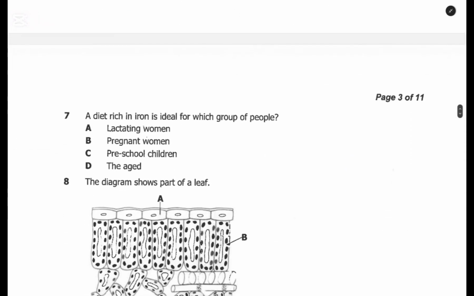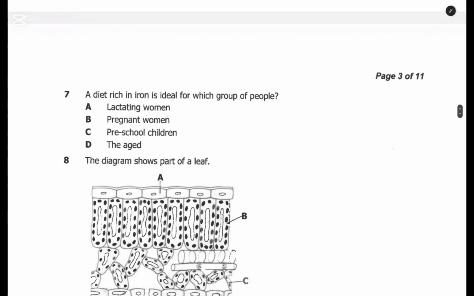Okay, question 7. A diet rich in iron is ideal for which group of people? Lactating women, so those that are breastfeeding. Is it true? No. Pregnant women. Yes.